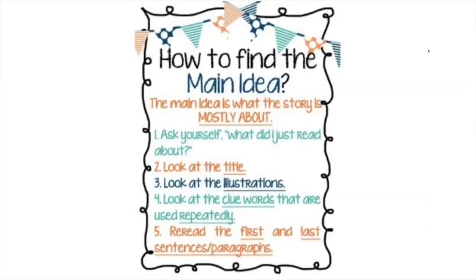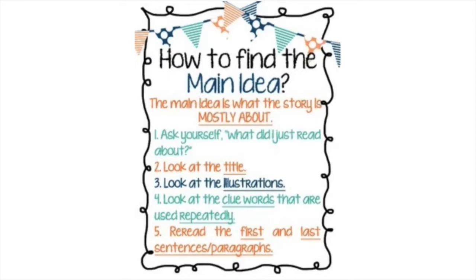So let me share with you some different strategies, different clues that you can use to help you figure out the main idea. So remember, the main idea is what the story is mostly or all about. So the first thing that you can do is you can ask yourself, what did I just read about?